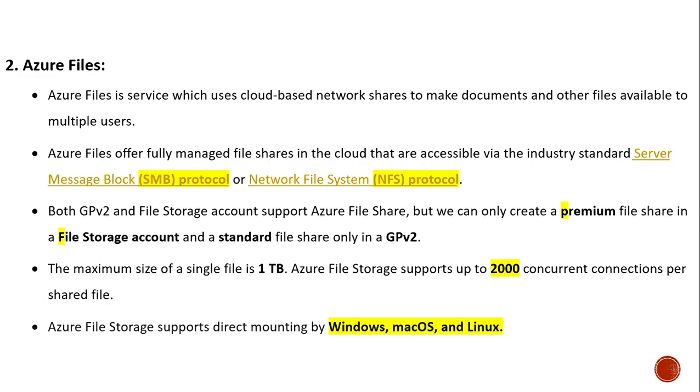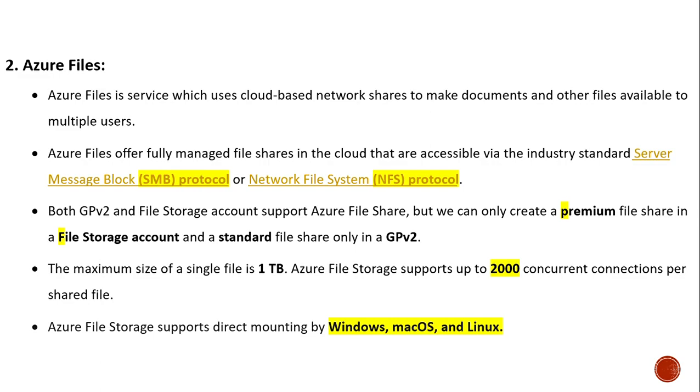So basically there are two types of storage accounts, general purpose version 2 and file storage account. So both of these accounts support Azure file share, but storage account and standard file share only in general purpose version 2. So this is important to remember, as I have seen question on this.